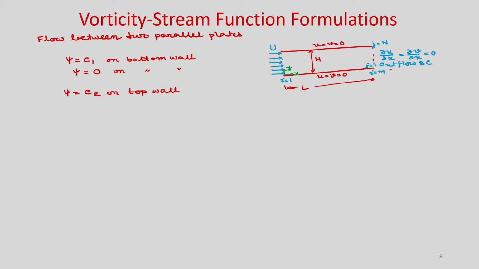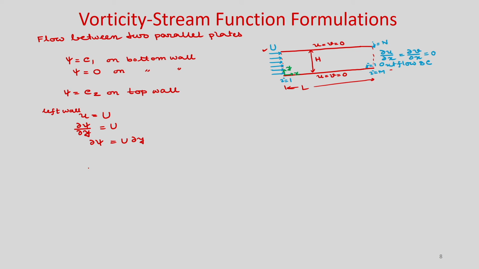We know the inlet velocity u, and from there we can find C2. On the left boundary you have u equal to capital U, which is the normal velocity, so del psi by del y is equal to u. That means you can write del psi is equal to u del y.